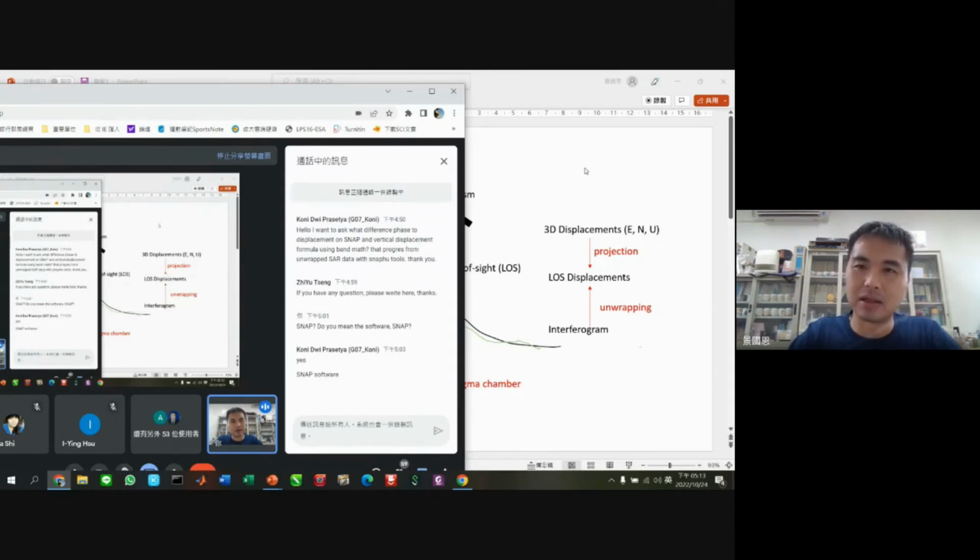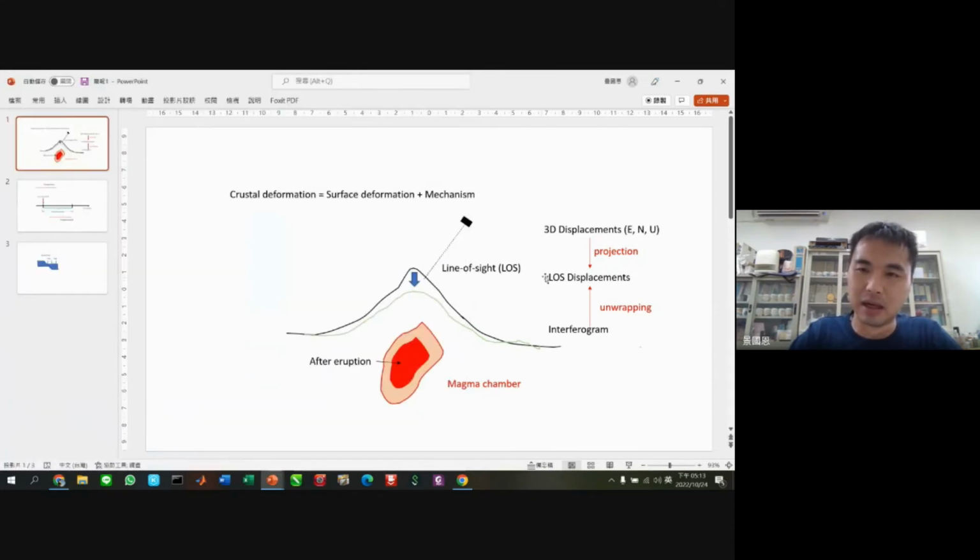Okay, and now the key is not about the line of sight displacement. When we talk about monitoring, the key is the surface deformation itself. So always keep in mind the surface deformation is three-dimensional displacement.